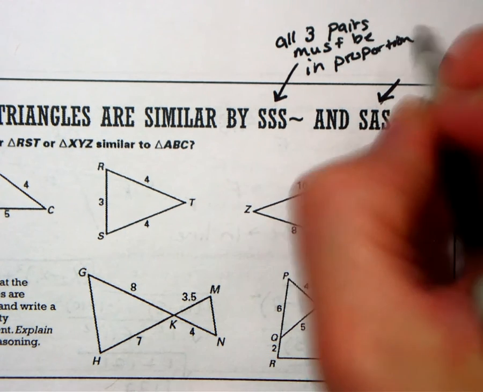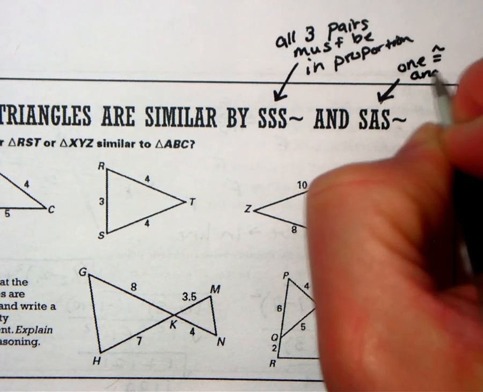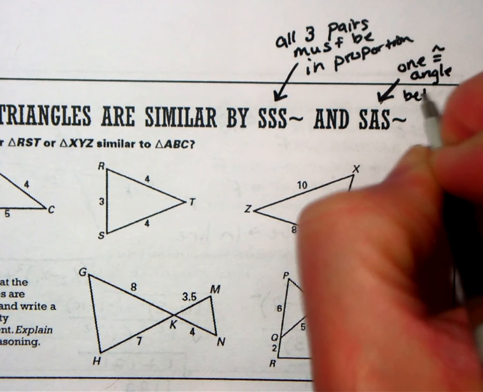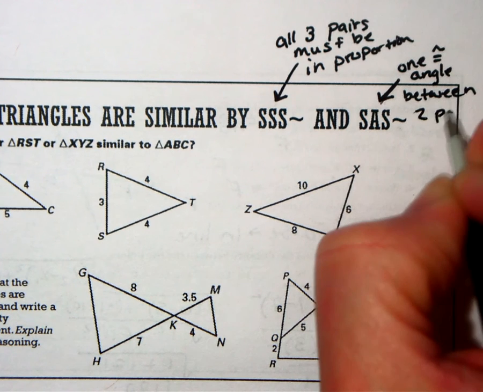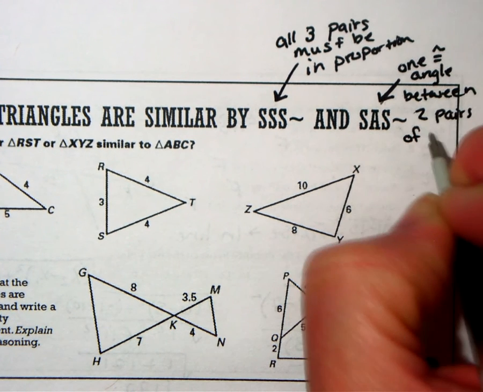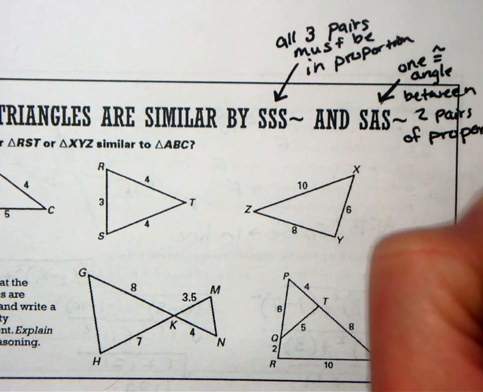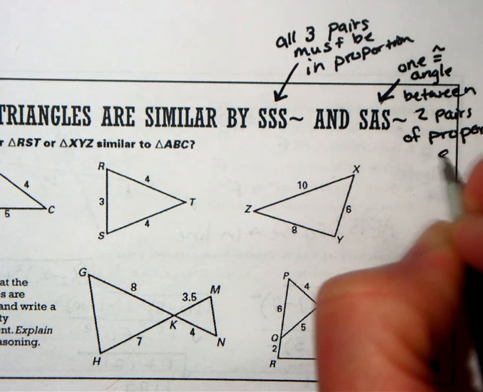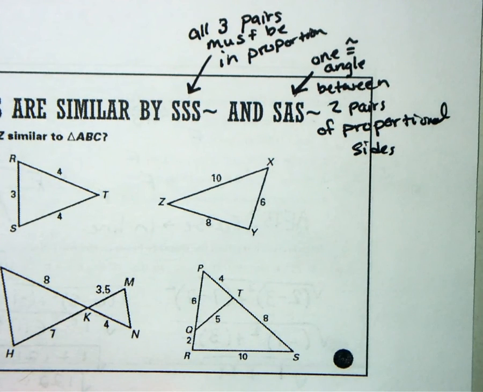So you have to have one congruent angle between, and it has to be in between, otherwise it doesn't count, between two pairs of proportional sides. So it's got to be one angle between two pairs of proportional sides.